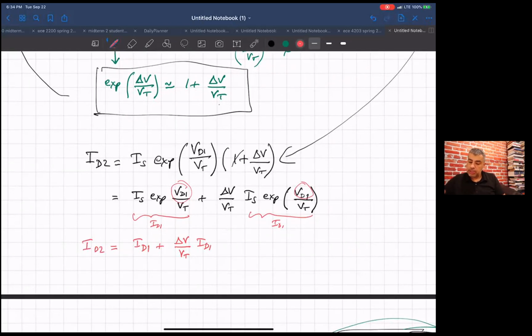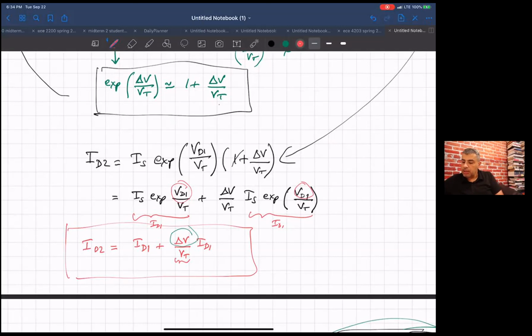This is the key result here. Notice that when we changed the voltage by a small delta V, I went from I_D1 to a new current I_D2 that's related to I_D1 linearly. I basically just got rid of the exponential curve.